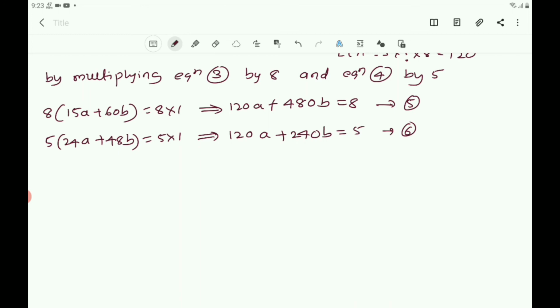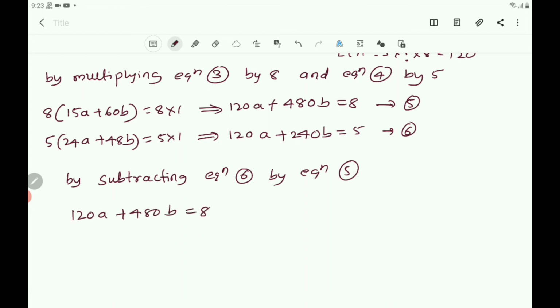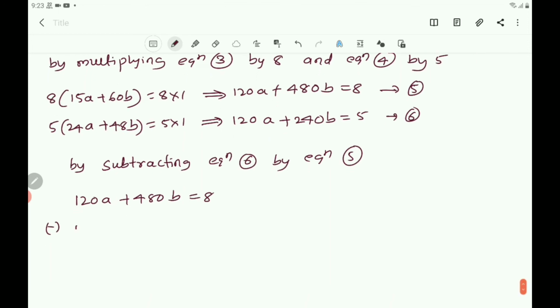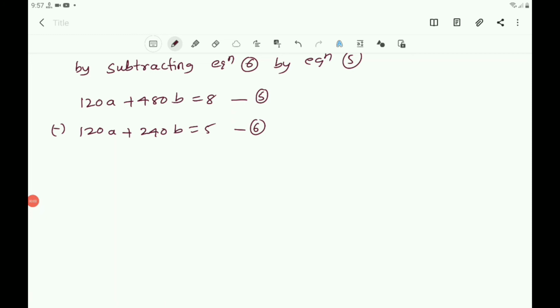Equation 5 minus equation 6: 120a plus 480b minus 120a plus 240b equals 8 minus 5.